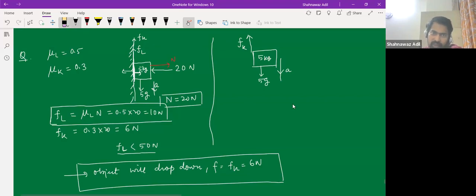So guys, what is the answer? Amna got 3 meter per second square. What about Rishita, Akif, and Ella?